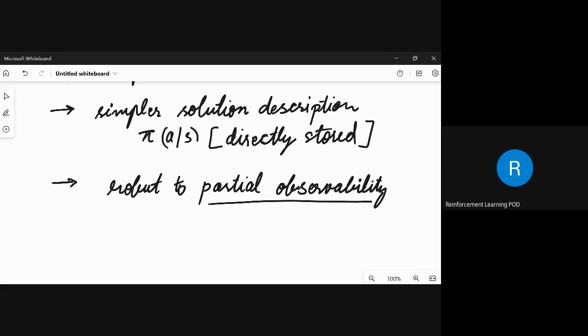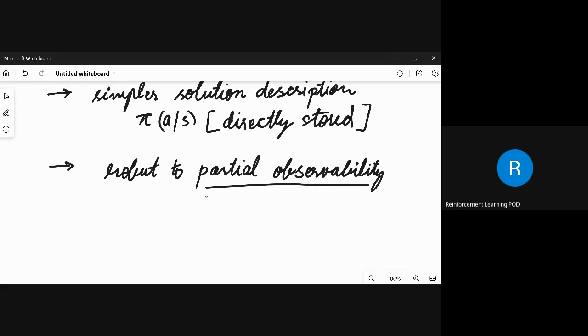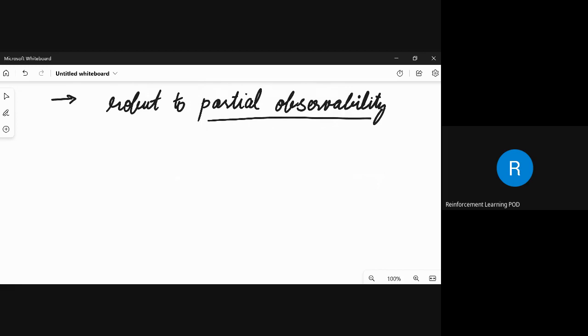Okay, coming back. A few more advantages that sir mentioned in the lectures is that it has better convergence. Now the question is how do we learn the policy directly?